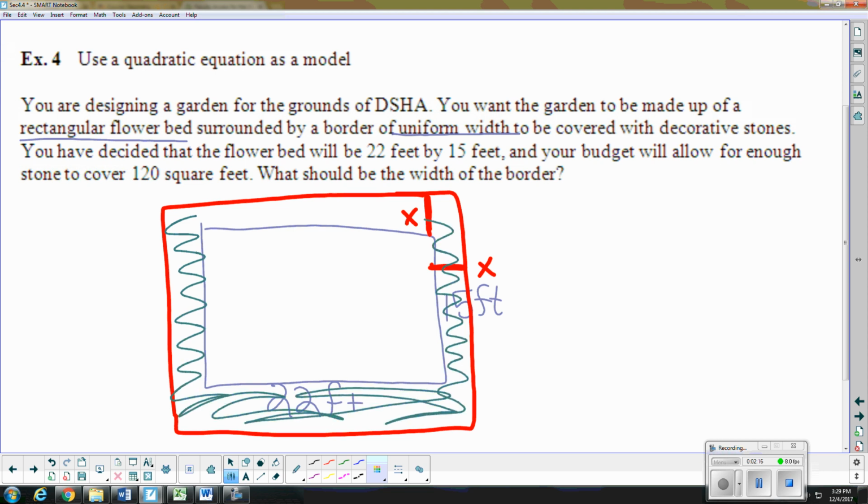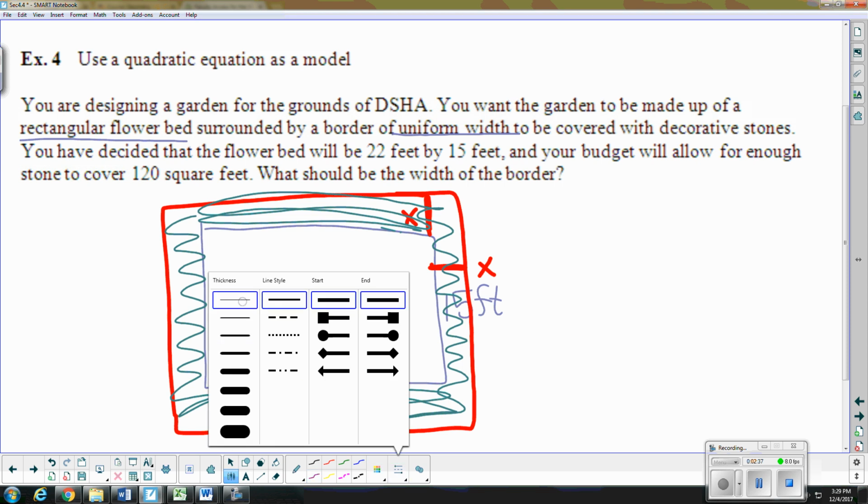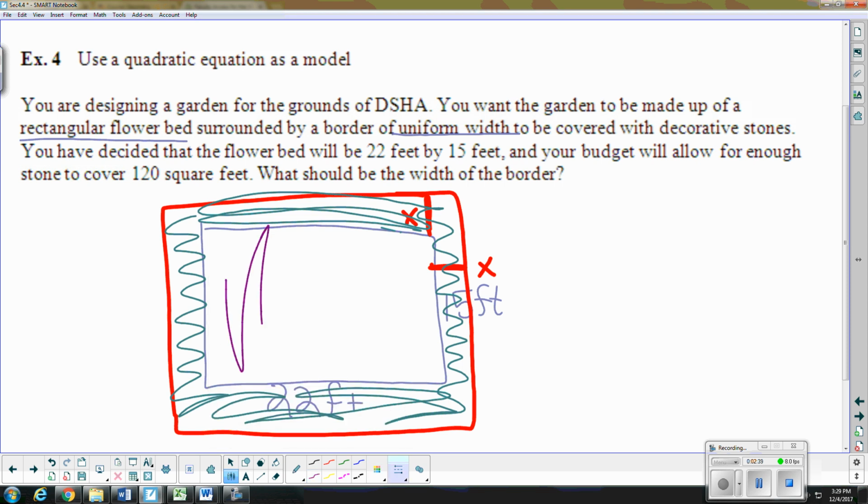I'm only looking for the width of the border of my flower bed. So I don't have a perfect formula to come up with the area of just the border. So I need to take the area of the whole thing, the flower bed and the border, and subtract the area of the flower bed, which is this.